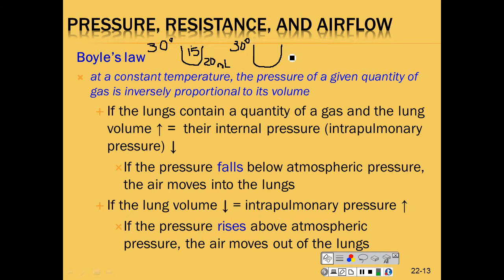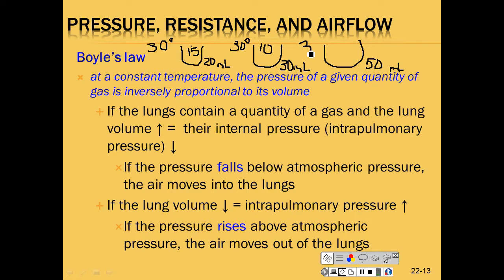For our second bottle, here we have a larger container. We can say it is now 30 milliliters, and our pressure is going to decrease. So now we're at 10 internal pressure. Then we have a larger container holding approximately 50 milliliters of air.